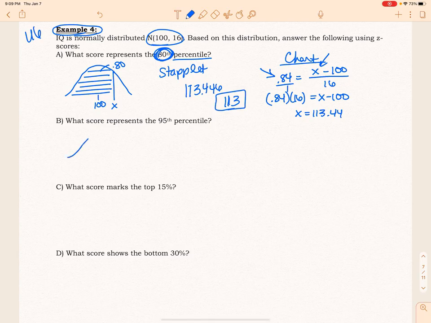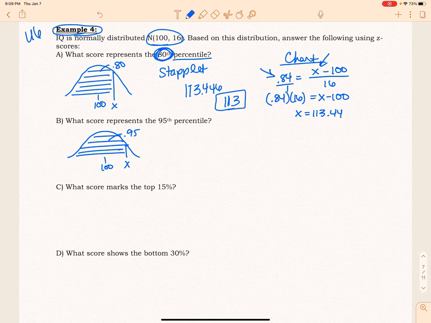95th percentile. Well, 95th percentile is almost the whole chart, or the whole graph. So some value gives me my 95th percentile. That means 95%, 0.95 below that value. So Staplet's pretty easy to use. I'm going to do it the same way.